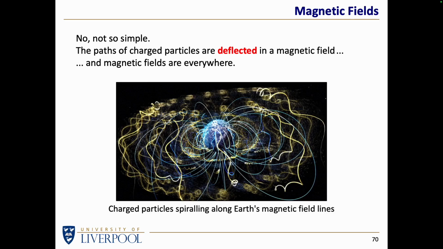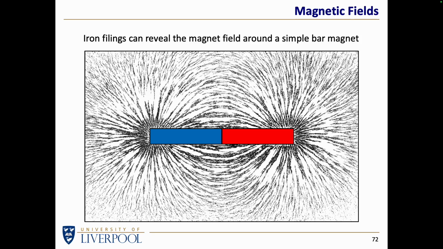More energetic particles won't care about that magnetic field, but there may be other magnetic fields out there. So we can see the magnetic field of a bar magnet just by looking at iron filings. That's easy. But how do we see magnetic fields that are cosmic?